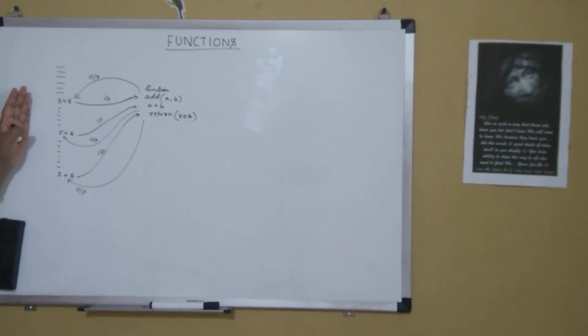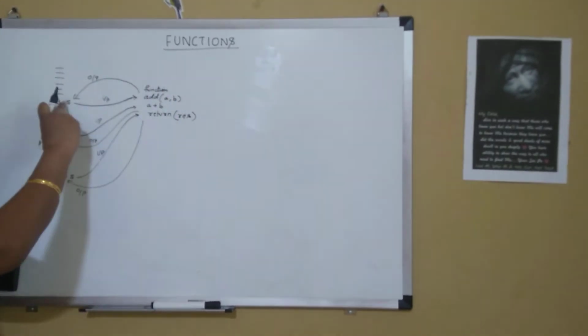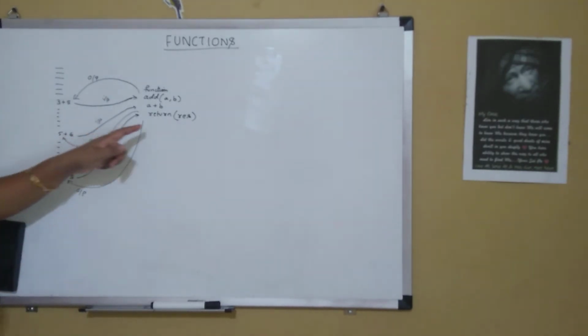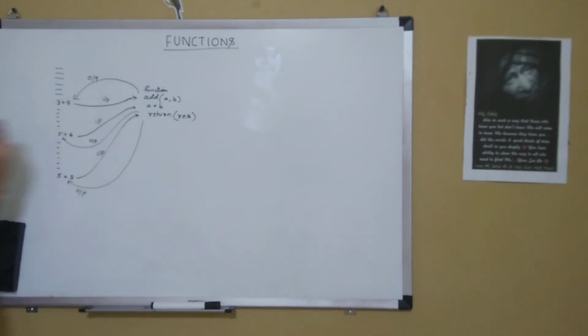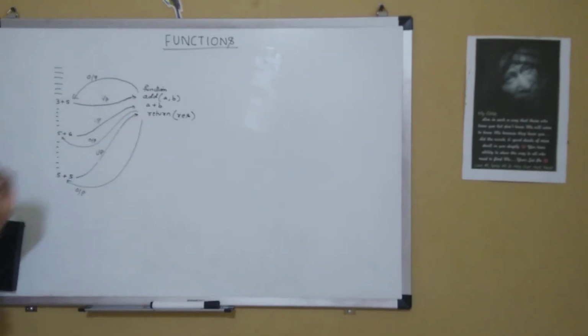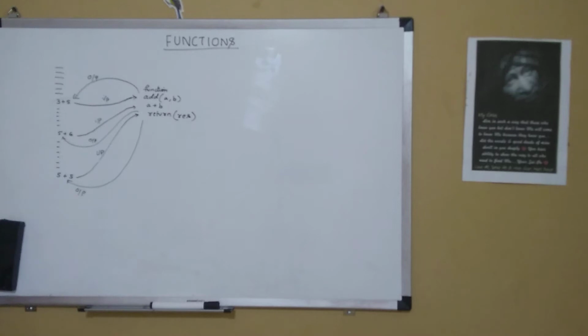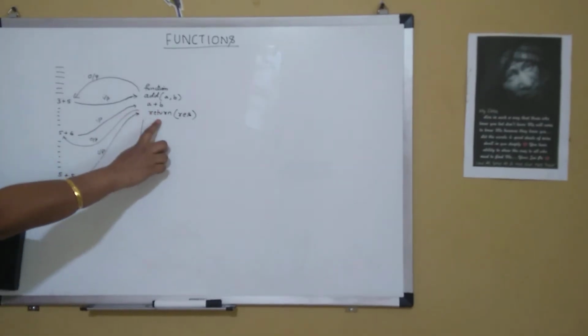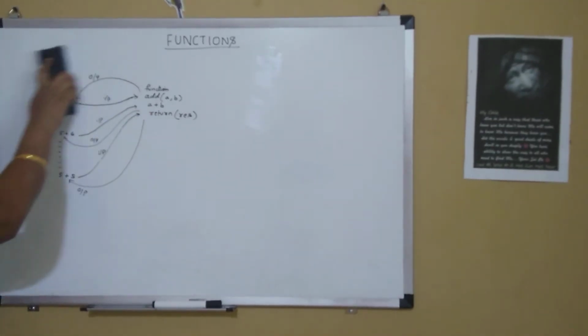And the code also looks elegant as it has fewer lines. We are not repeating the code every now and then. And it is making use of reusability of code. So there are many important advantages of using user-defined functions. This is why we have to go in for functions.